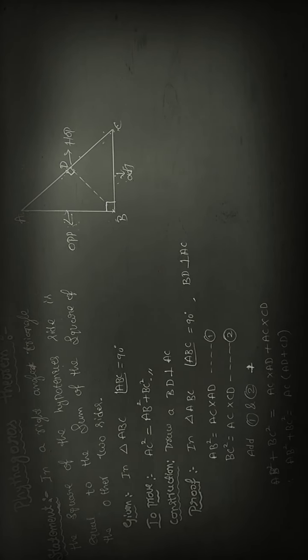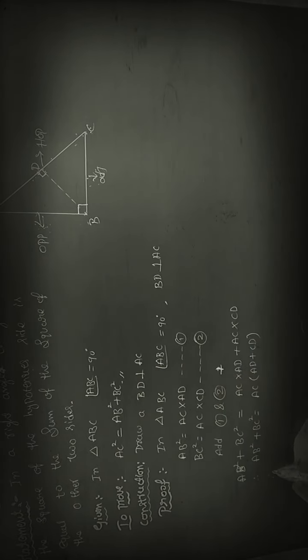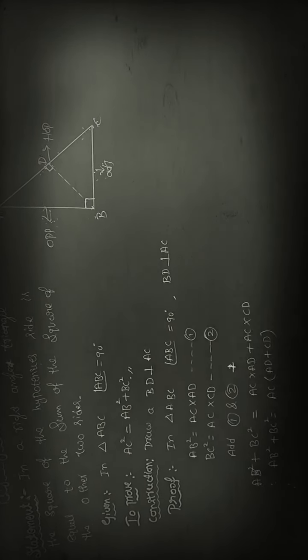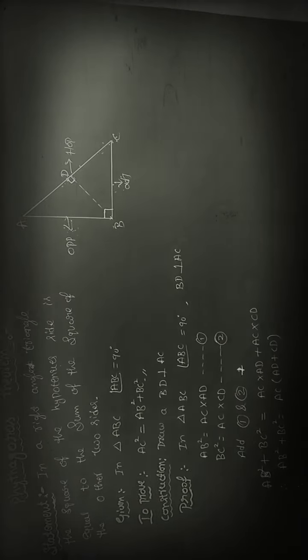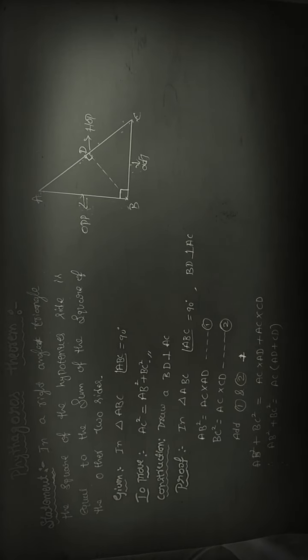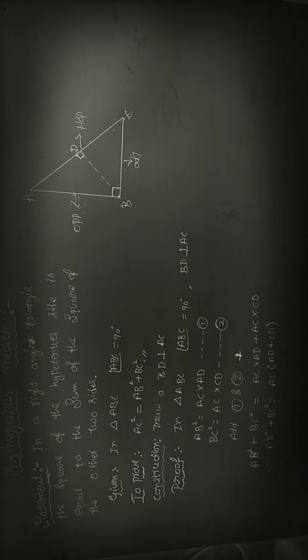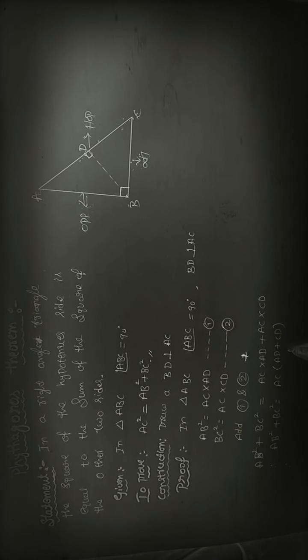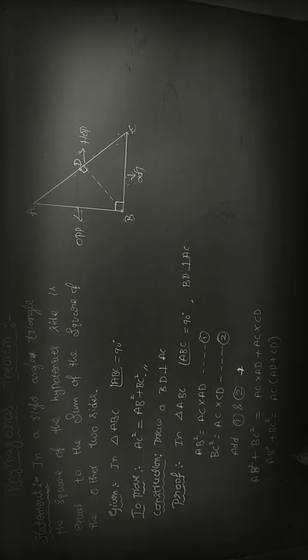So AB square plus BC square is equal to AC of AD plus CD.